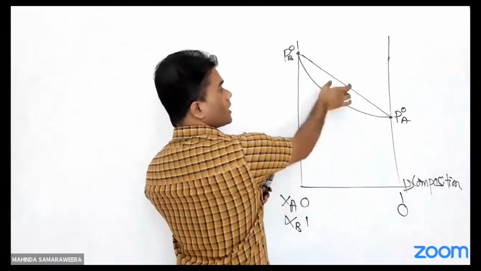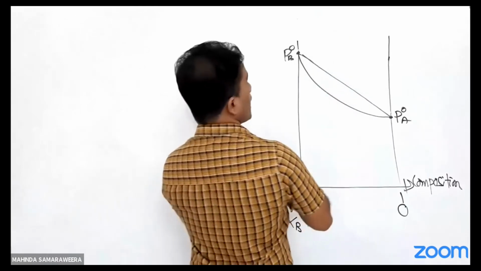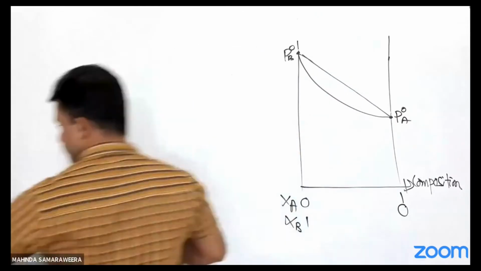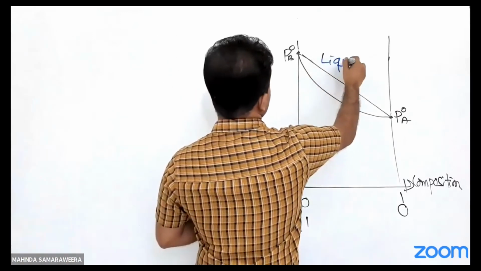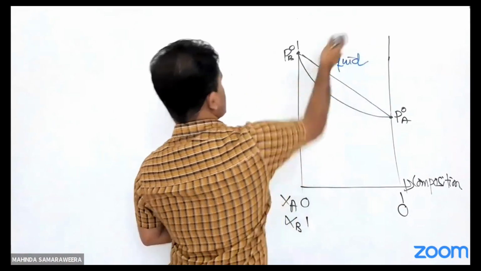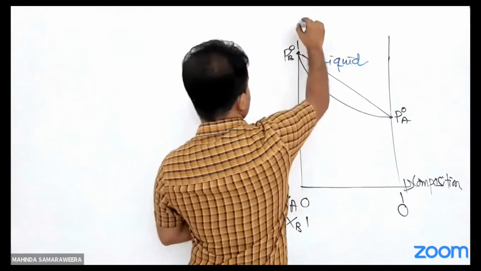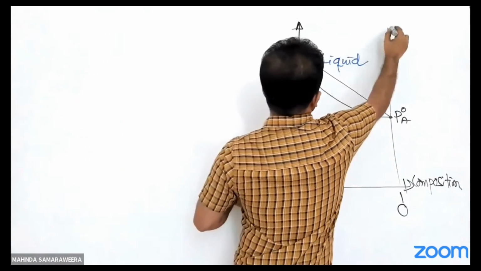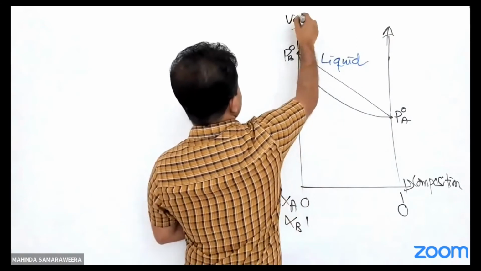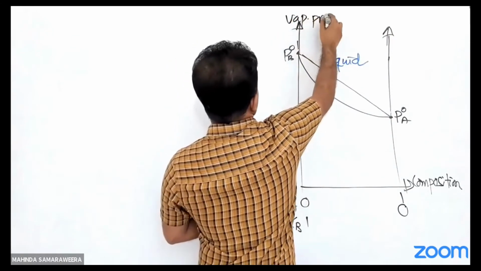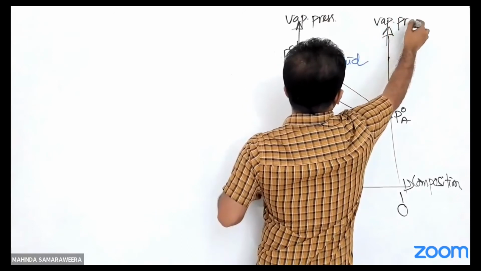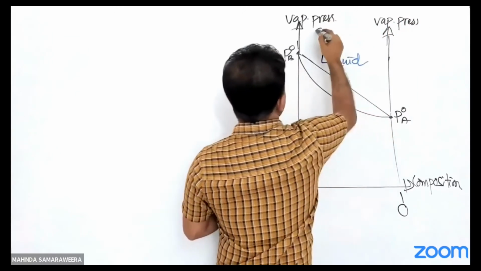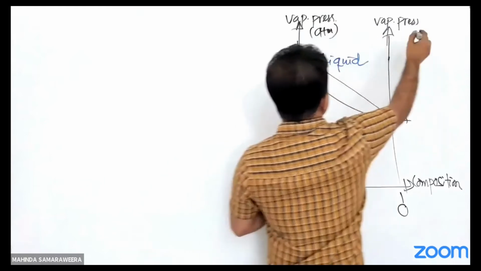Above this line, what we have is liquid phase. High pressure is liquid. So this is vapor pressure, this is also vapor pressure, this is, let's say, in atm, this is also in atm.